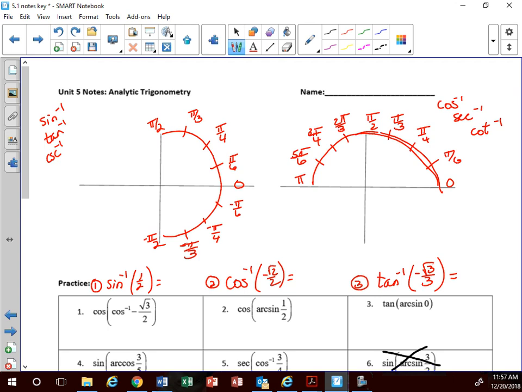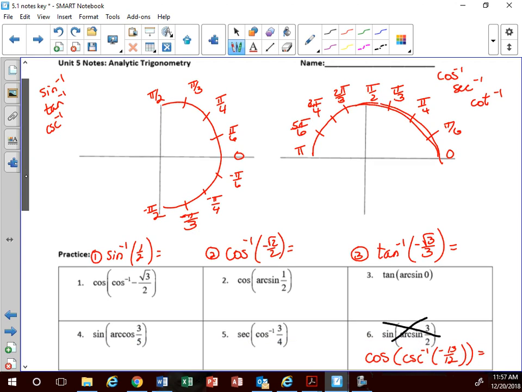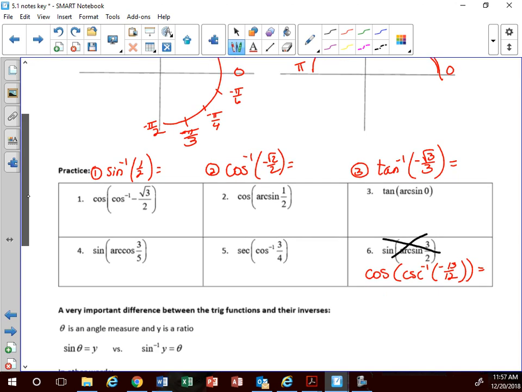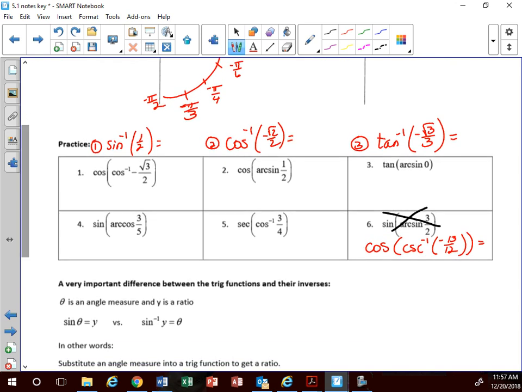All right? So let's practice a few of these. So squeeze in these 3 extra examples that I wrote down and go ahead and change number 6 for me. I'll give you a minute here to write those down.